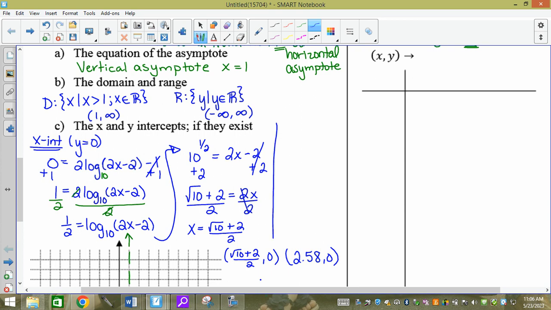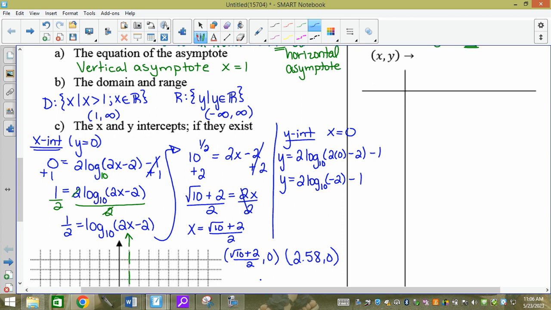Now what if I want the y-intercept? When I say y-intercept, you say x equals 0. It should be a cheer. So we get y equals 2 log base 10 of (2 times 0 minus 2) minus 1. Y equals 2 log base 10 of negative 2, minus 1.